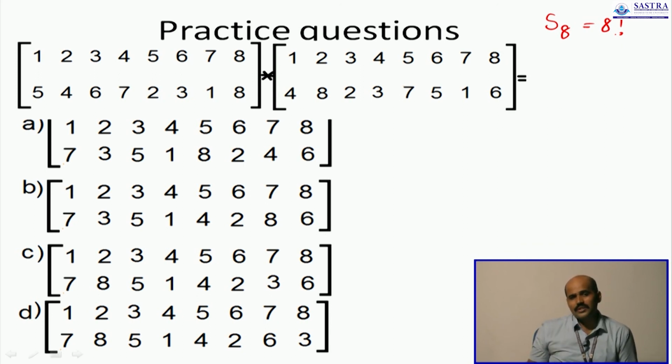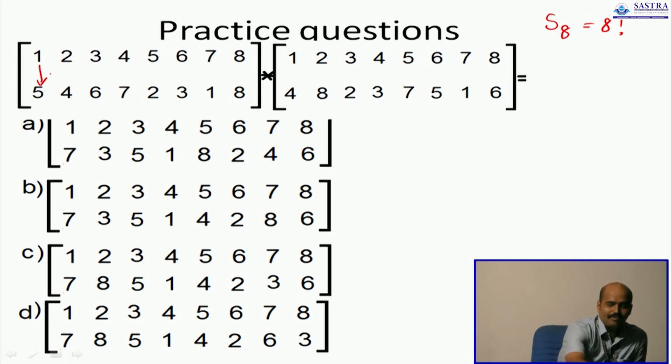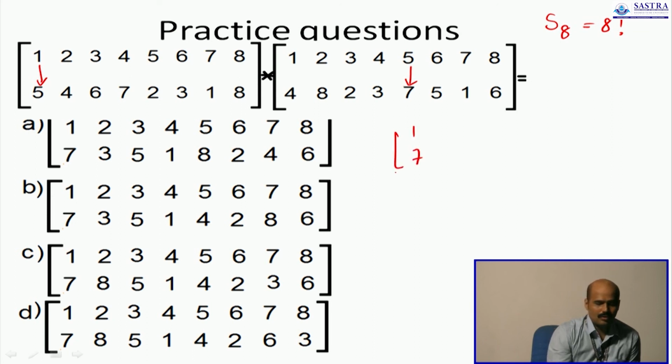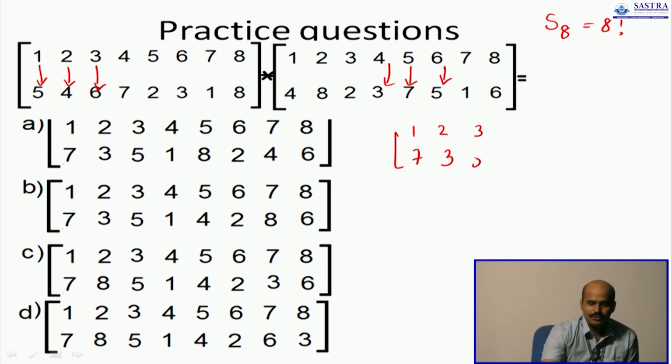Now the convention that we agreed was to move from the left to the right. You will follow the images, and as in 1 is mapped to 5, but 5 is mapped to 7. So 1 is mapped to 7, 2 is mapped to 4, but 4 is mapped to 3. So 2 goes to 3, 3 goes to 6, and 6 goes to 5. So 3 goes to 5, 4 goes to 7, and 7 goes to 1.